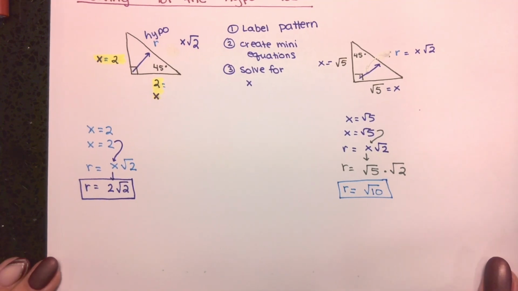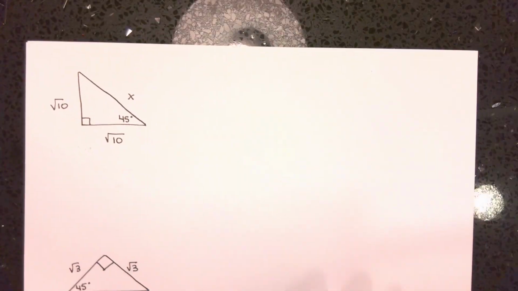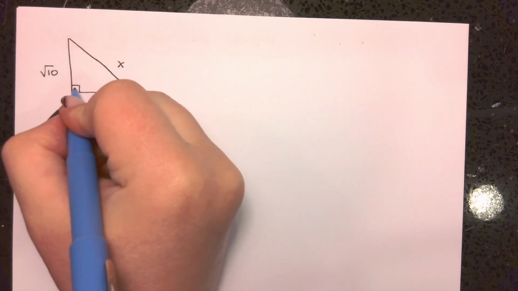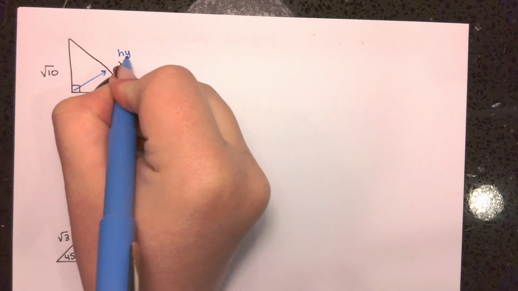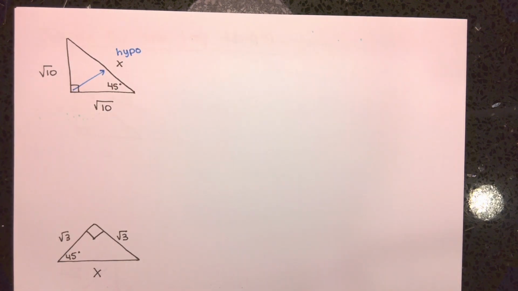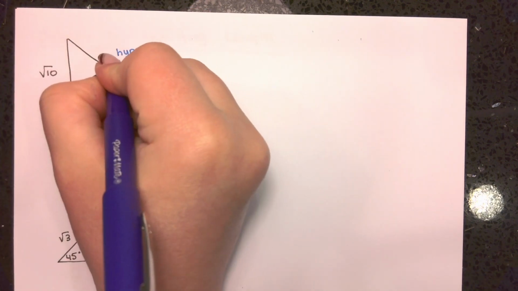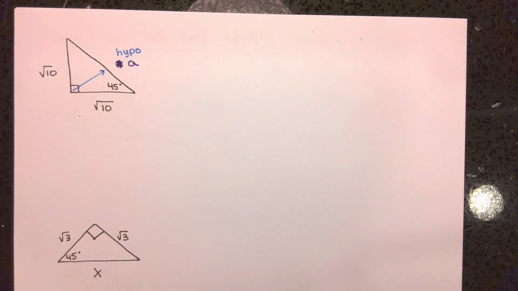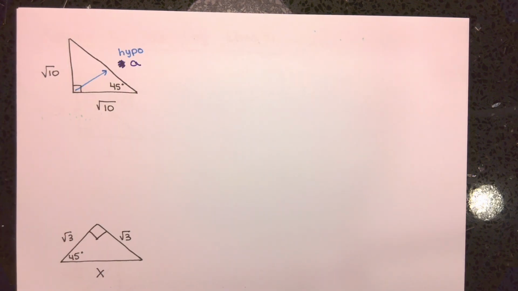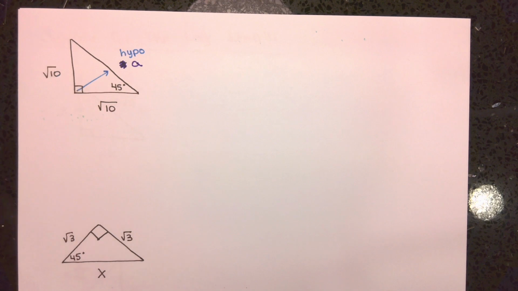Let's go ahead and do a few more examples. Again, we're still solving for the hypotenuse. The hypotenuse is across the street from your 90 degrees. Again, this is x, so if you want to change that to r or any letter, let's call this a this time, you can do that. Label your pattern.